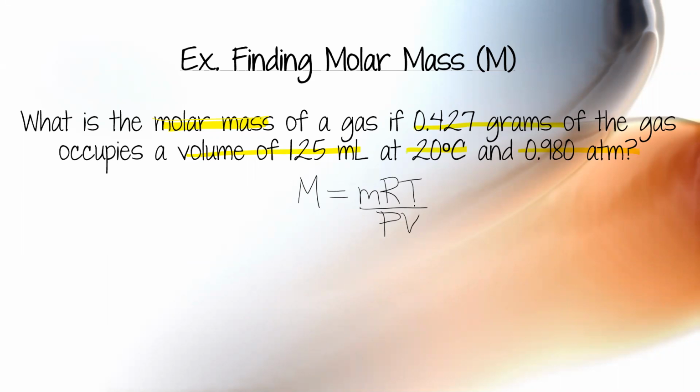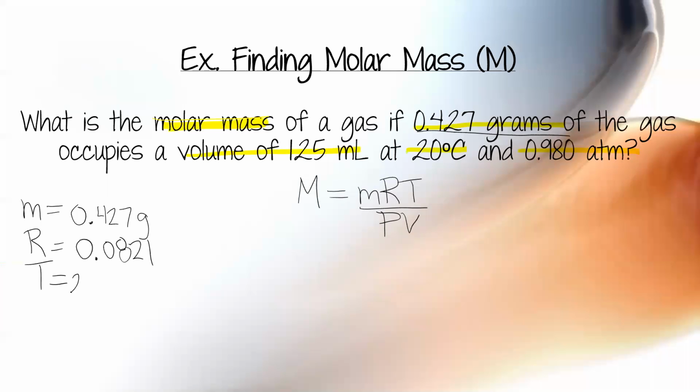This is what we're using. m is mass in grams, 0.427. R is still this exact same constant it was before. T is temperature, so 20 degrees Celsius plus 273 gives me 293 Kelvin.